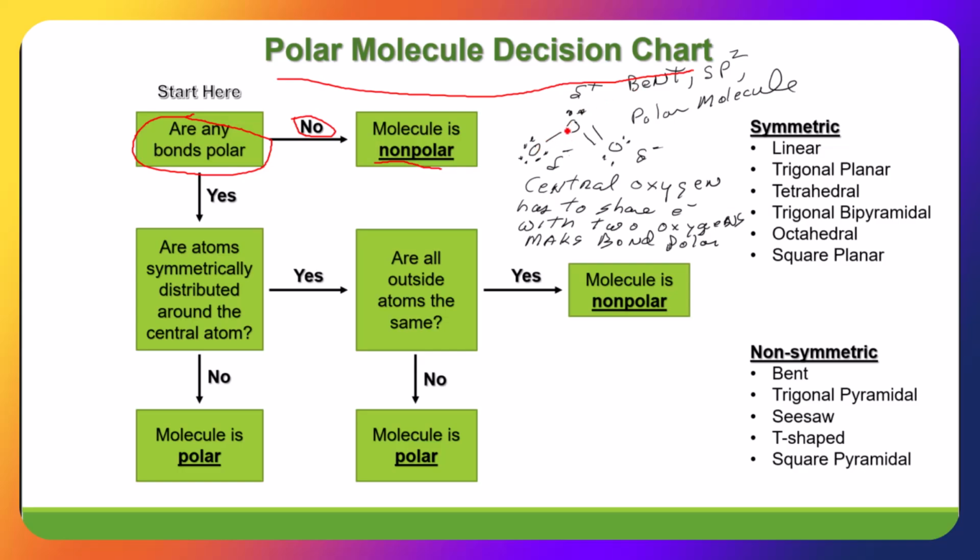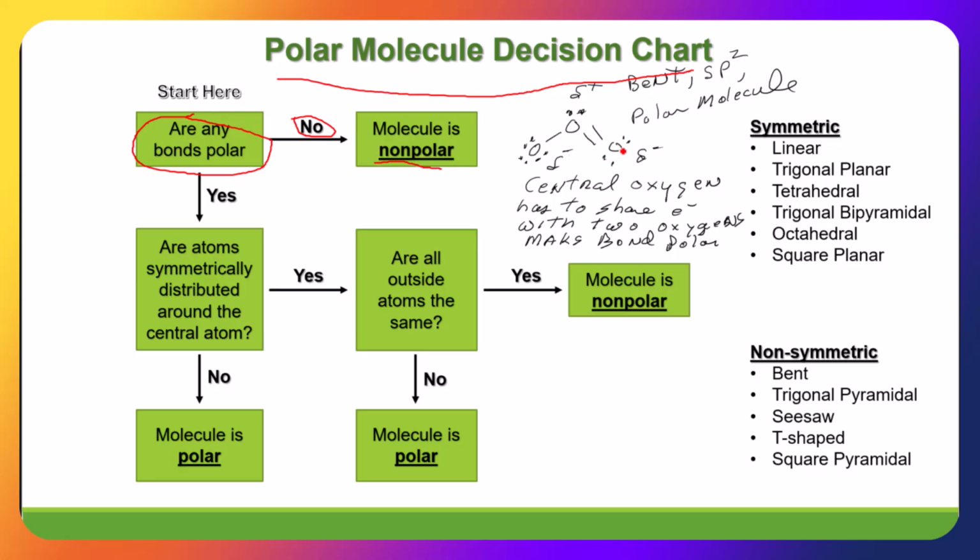You have an oxygen here in the center. You have an oxygen on either side. Now you might remember that this is a resonance structure. This double bond could have been put over here as opposed to over here. These two bonds are exactly the same, or the average of both resonance structures. But here's the deal. This poor oxygen, which is very electronegative, is having to share electrons not with one oxygen, but with two.